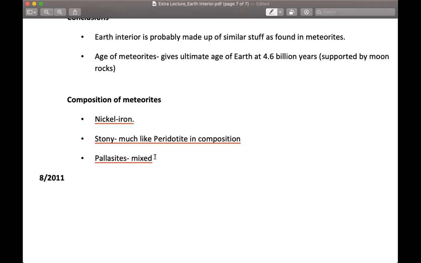What else? Then we came to how to understand the structure, the P and S waves, penetration of these waves, and the anomalies of other properties like gravitation and magnetic properties, right? All these things we discussed, and finally we discussed the meteorites as well, because that can also be considered a part of the Earth.